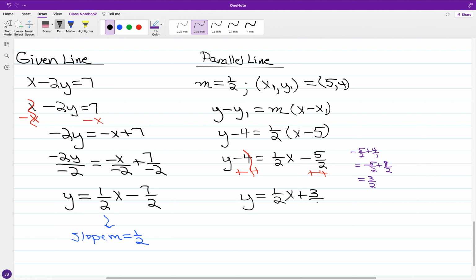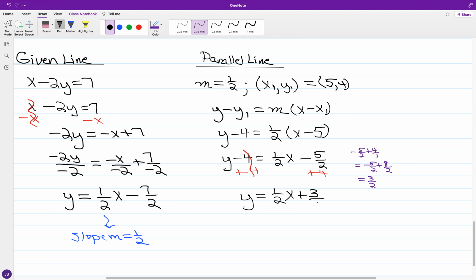And once again, you can test the result. Okay, so at x at 5, half of 5 is 5 halves. 5 halves plus 3 halves is 8 halves, which will go to 4, and that is automatically the value that we have in y. So we have 4 is equal to 4.